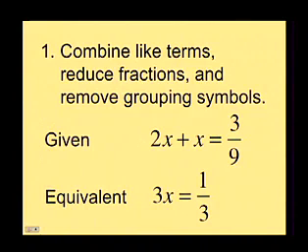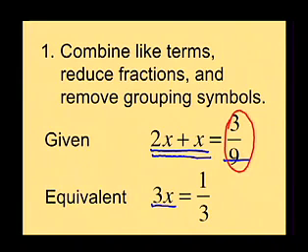In this particular case, we have the given equation 2x plus x equals 3/9. And what we do here is we combine like terms. 2x plus x gives us 3x. And we reduce the fractions. In this case, 3/9 becomes 1/3.